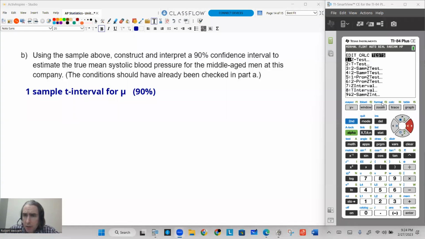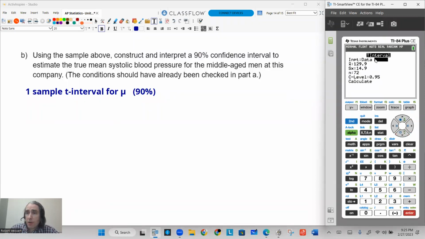All right, so we're going to run that interval. I'm not going to define mu. This is the one-sample t-interval for mu. We're going to use the 90% confidence level. Since we used t-test for one sample, we're going to use the one-sample t-interval. We're going to keep that at stats. And we already have our data from our t-test. If you have your data already inputted from your t-test, it should automatically populate.